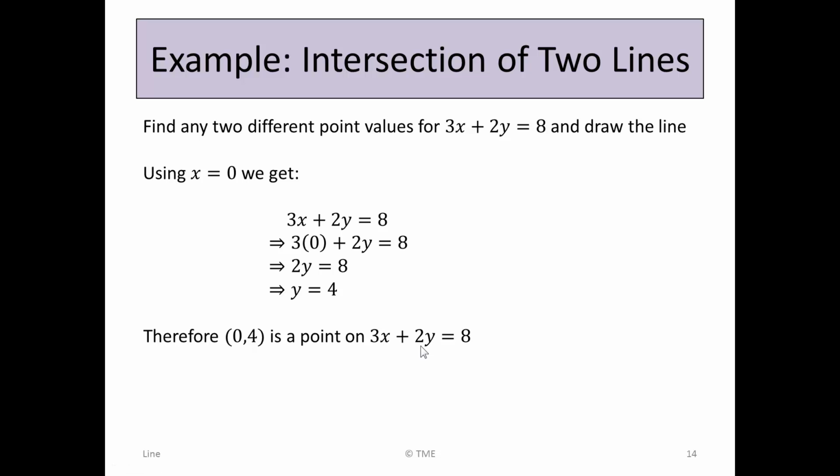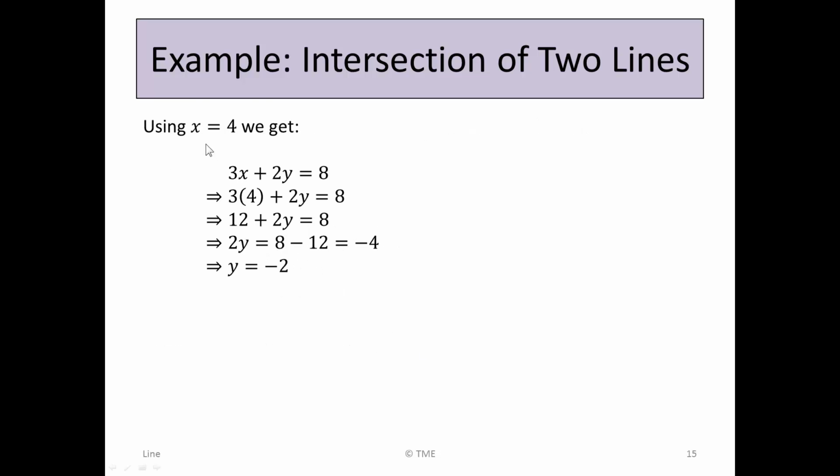We now look for the second point. Using x equals 4, we get 3 times 4 plus 2y is 8. 12 plus 2y is 8. Taking the 12 to the other side, 2y is 8 minus 12, or minus 4, so y would be minus 2.